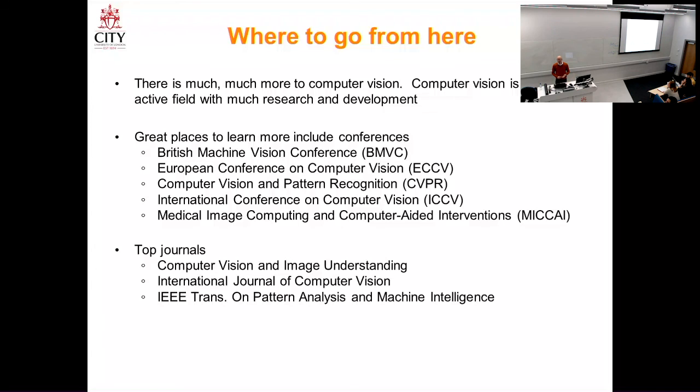There's also the European Conference on Computer Vision. It's held every 2 years, on even years. CVPR is an American conference. It's held every year. There's ICCV, the International Conference on Computer Vision. It's going to be in Seoul, Korea this year. If you're interested in medical imaging, MICCAI is an excellent conference to learn about the latest applications of computer vision in the medical domain. And that's one of my favorite conferences.